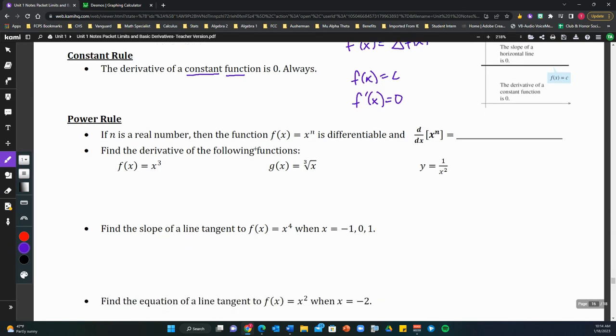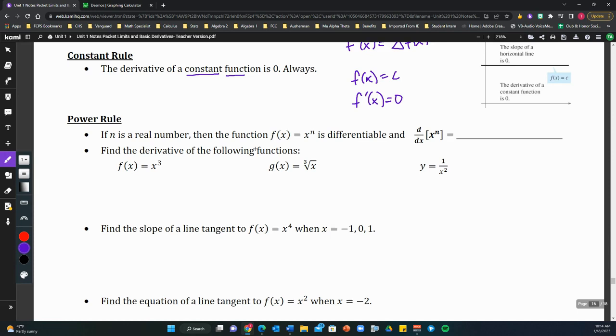The next one, we're going to focus on polynomial and power functions. Polynomials are x to positive whole powers, but the rule that we use to take derivatives of polynomials actually applies, and has been proven to apply, for radicals, which remember are actually fractional exponents, and negative exponents.